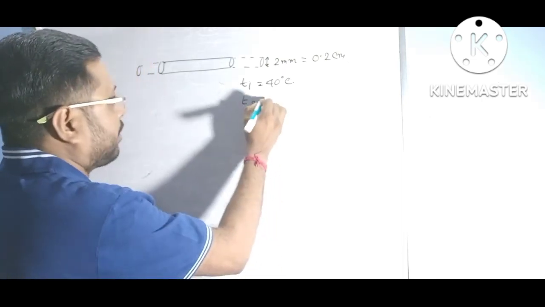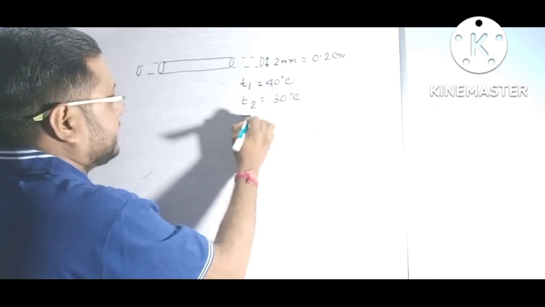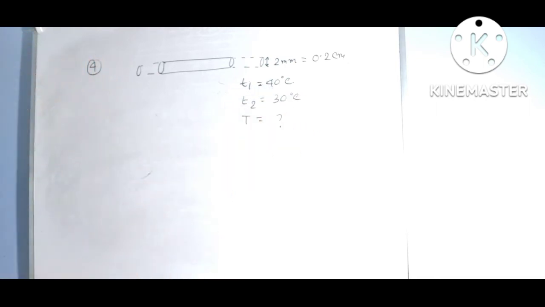When temperature will fall to 30 degree centigrade, what is the tension produced in the wire?